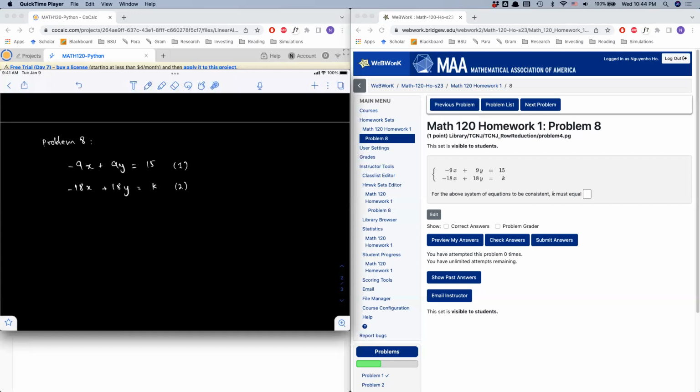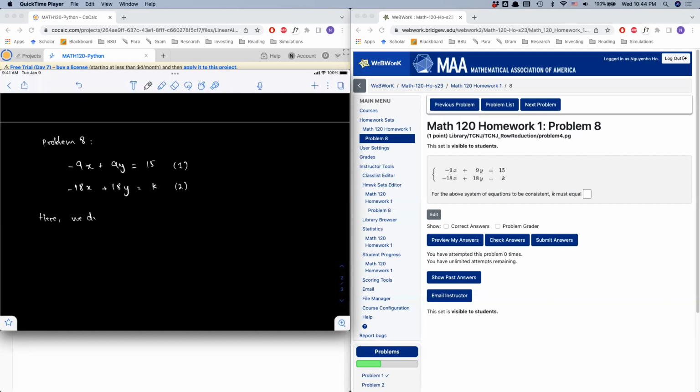Or for the second equation, if I divide both sides by 2, then the left-hand side of the two equations is also going to be the same, right? So that's what I'm going to do.